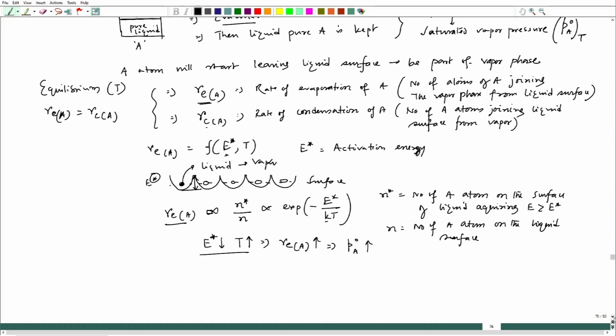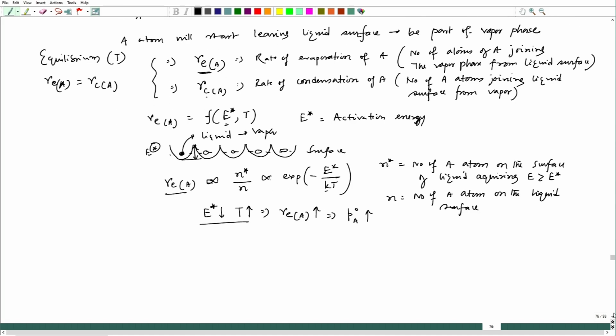And now, if we consider where this particular activation barrier is evolving from, because once we have A atom, it is a pure condition. So, that means there will be a single type of bond, AA bond. And in order to break that AA bond, you have to supply energy, and then only A atom will break away from the surface of the liquid and join the vapor phase.